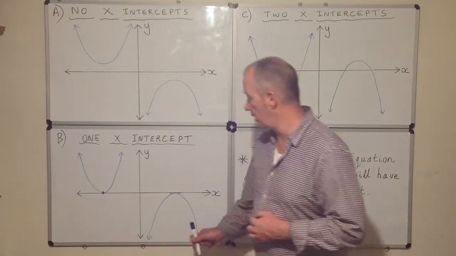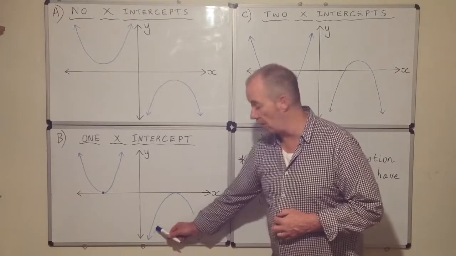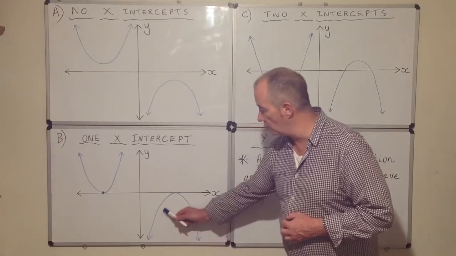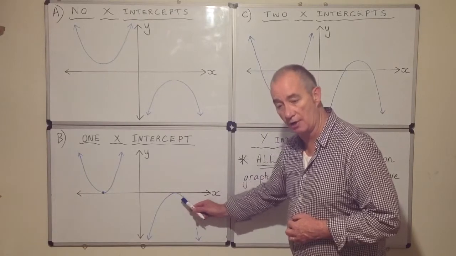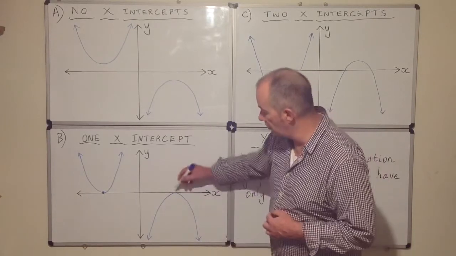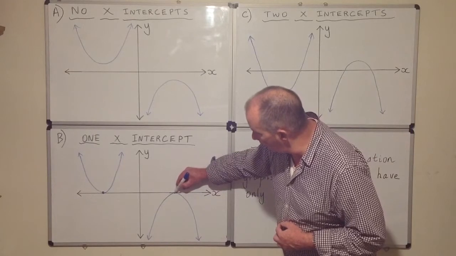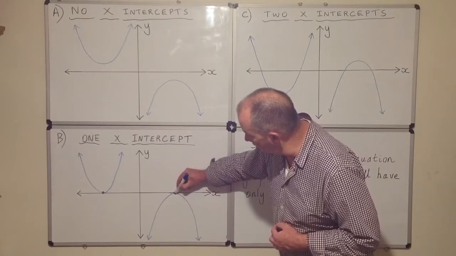I've drawn another example here. Here's an inverted parabola. It goes up towards the x-axis. When it touches the x-axis, it turns around and goes back down. The turning point for this parabola graph is right there on the x-axis.